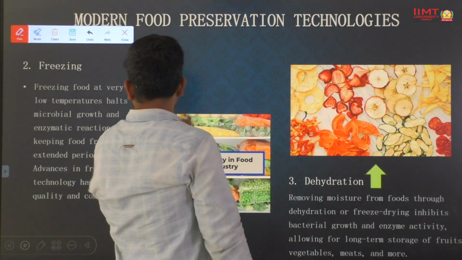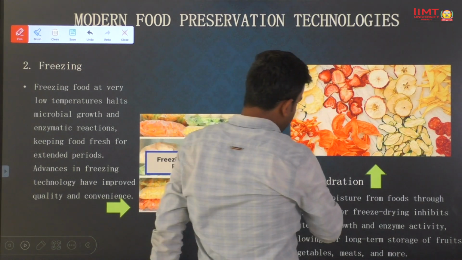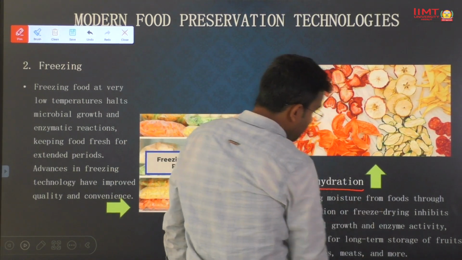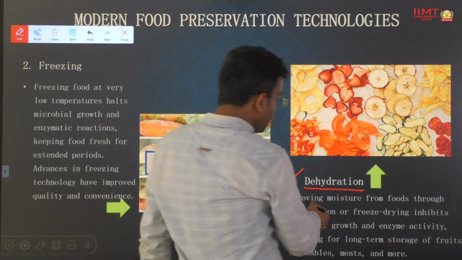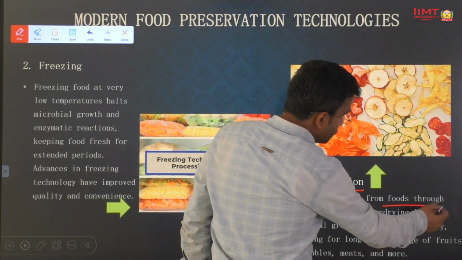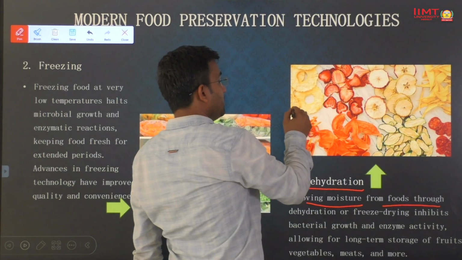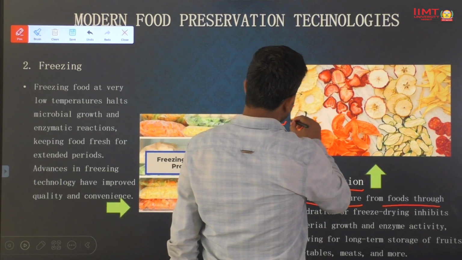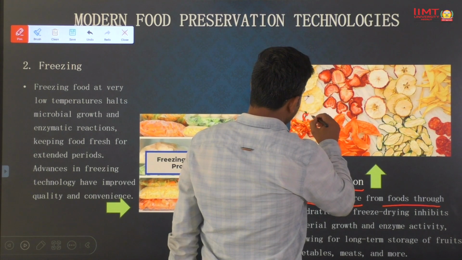And here one thing is fruits and vegetables. Sometimes we use the dehydration process. Why do we use dehydration? By removing moisture from foods, we ensure the food is safe from microbial growth.